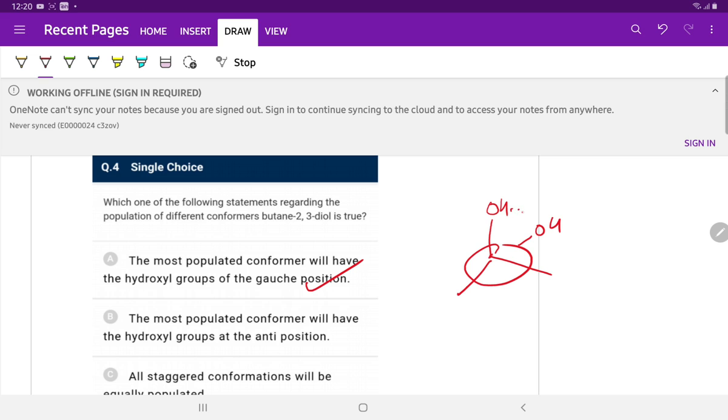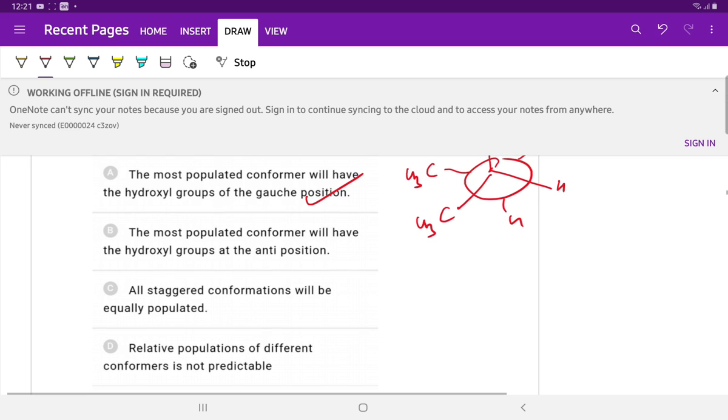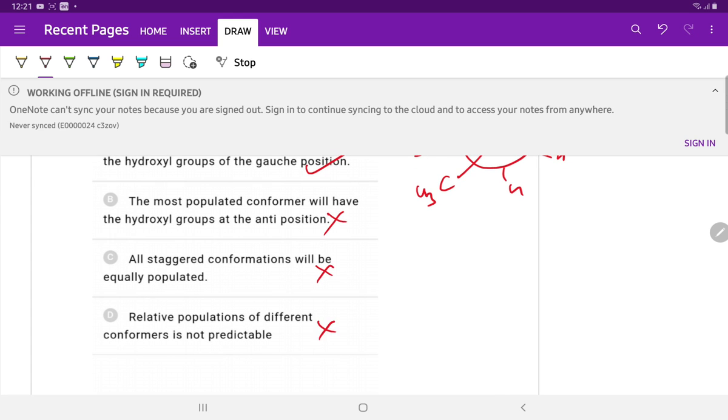The most stable conformation is gauche due to the formation of intramolecular hydrogen bonding. Due to the formation of intramolecular hydrogen bonding, gauche conformation is stable. The most populated conformer will have the hydroxyl group at anti position? No. All staggered conformations will be equally populated? No. Relative population of different conformers is not predictable? No.